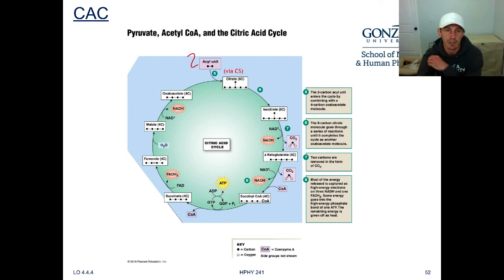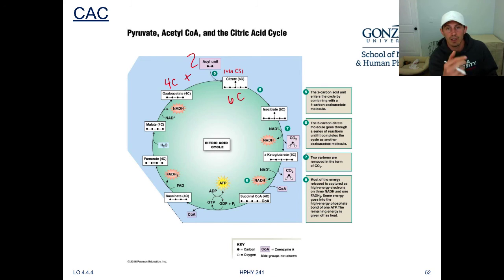So that acyl unit gets combined with, and it's not really clear here, this 4-carbon molecule called oxaloacetate, that's present in the mitochondria. And this enzyme, citrate synthase, or CS, combines this 4-carbon oxaloacetate plus the 2-carbon acyl unit to make a 6-carbon structure called citrate.